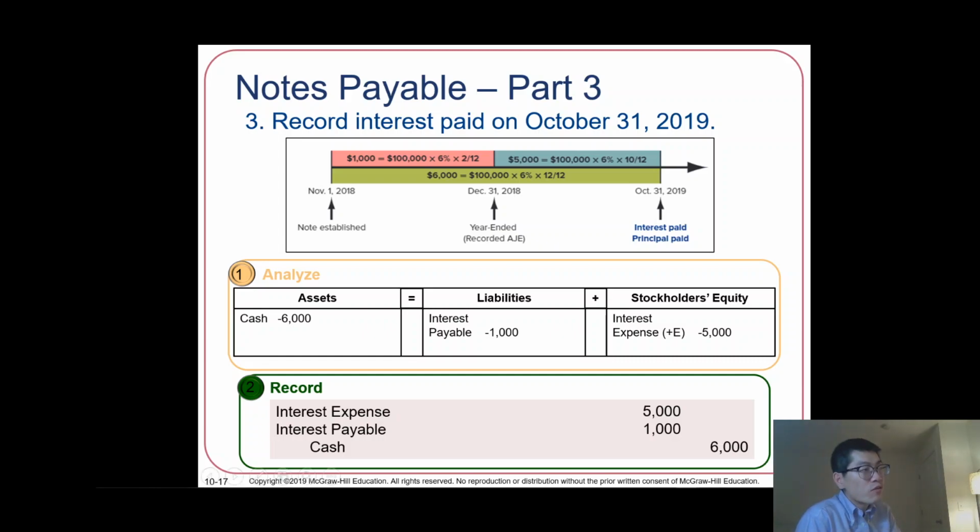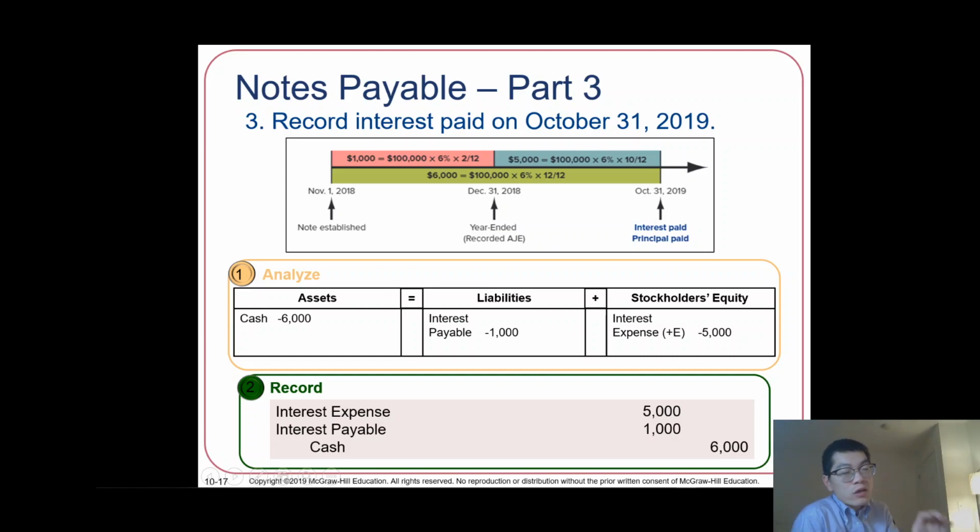And remember, for these notes, both interest and principal have to be paid off on the maturity date, which is October 31st, 2019. So now it is the time to pay off the prior liability. So now our interest payable decreases. And in total, our out-of-pocket payment for interest is $6,000.